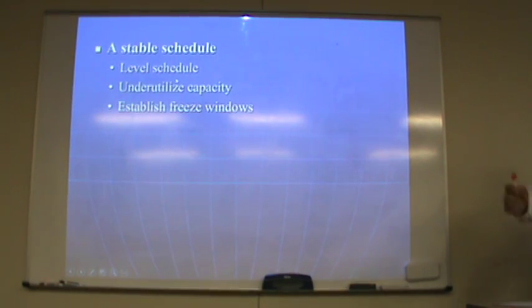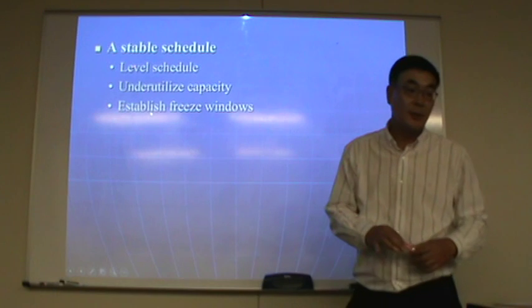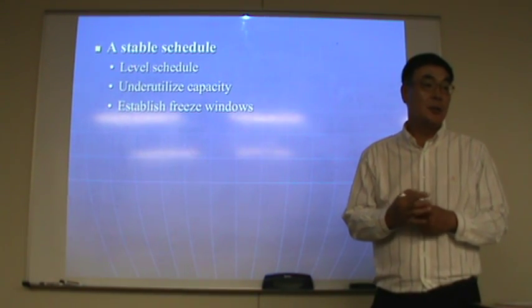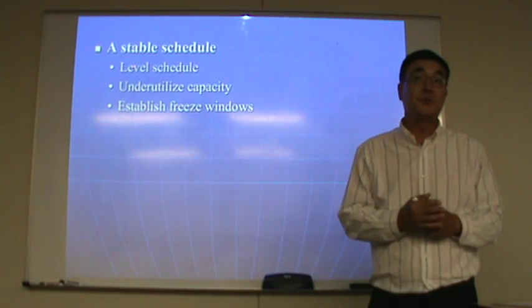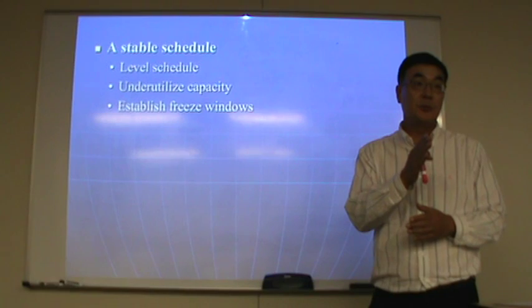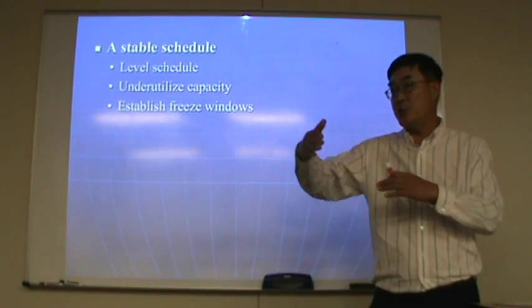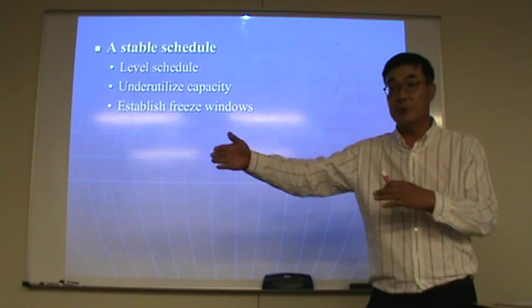Stable schedule, we talked about stable schedule, same, 100, 100, 100. Underutilized capacity, do you remember best operating level? Best operating level. And establish freeze windows. Usually, manufacturing companies use a one-month freeze window for scheduling future production.